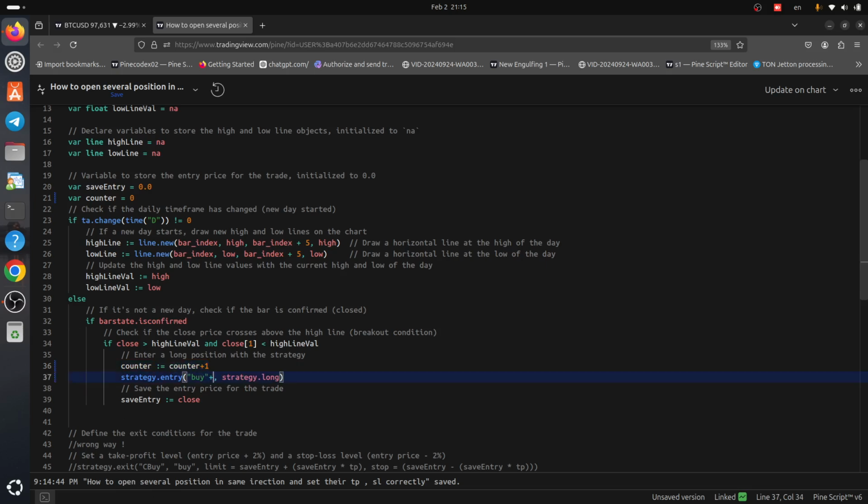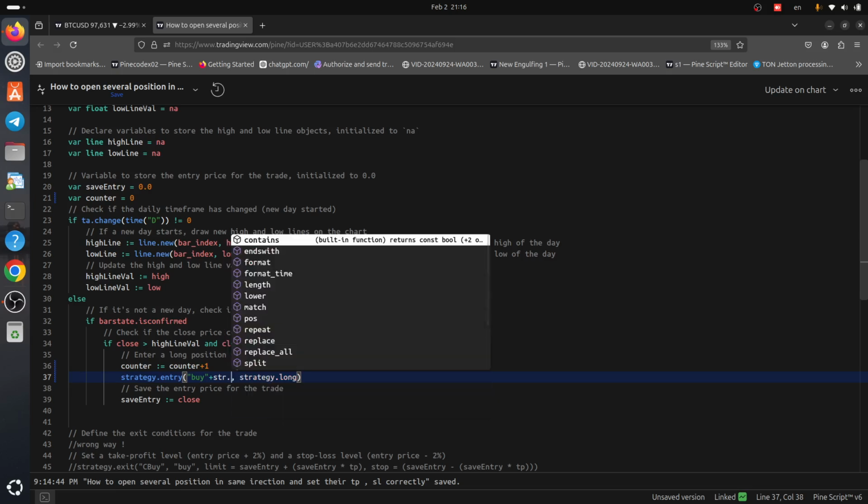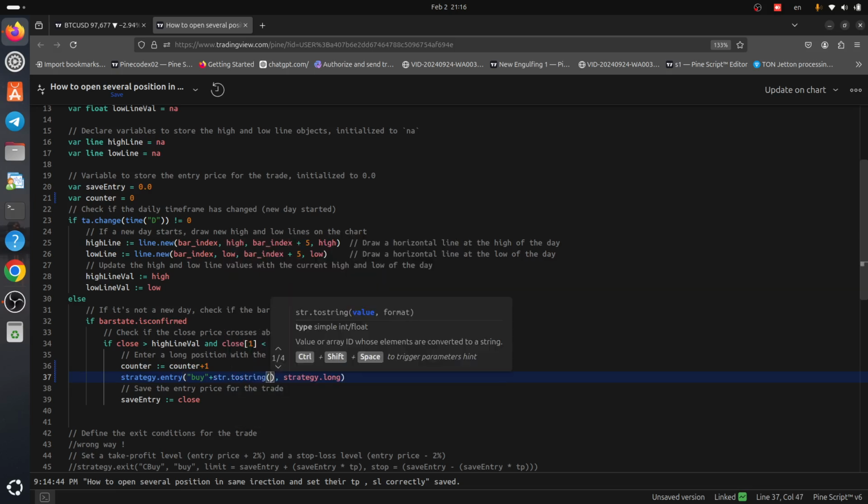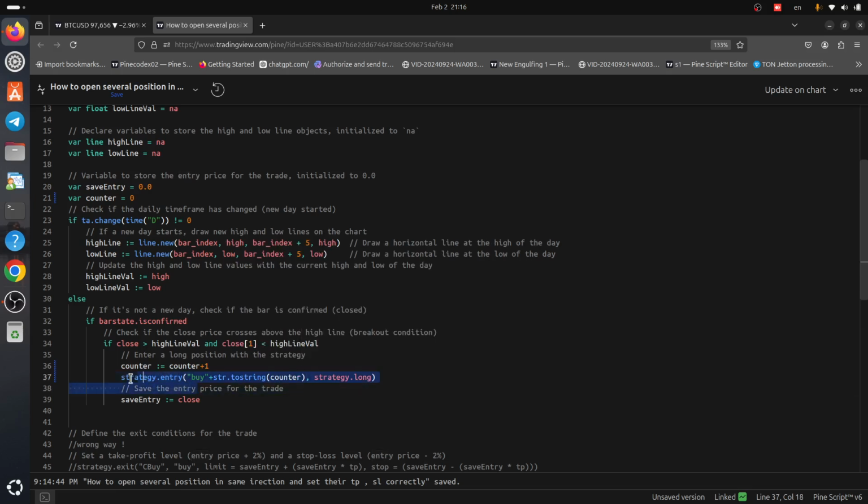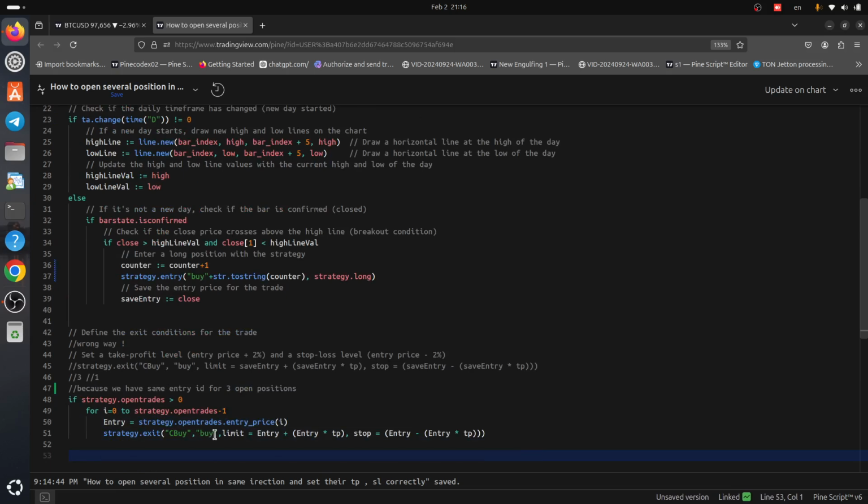So we write here str.tostring counter. Every time we have a unique entry ID, but how can we get it? For example, if we have 3 open positions, our counter changed, and we cannot write it like this. It doesn't give us the correct one.